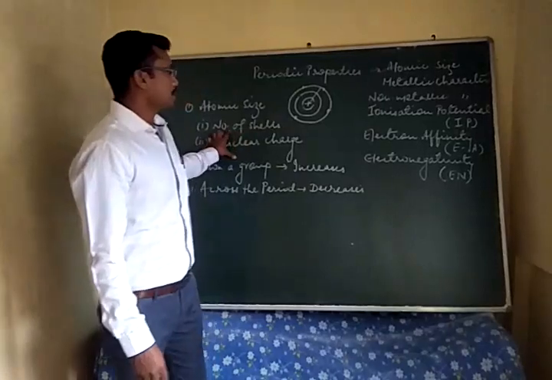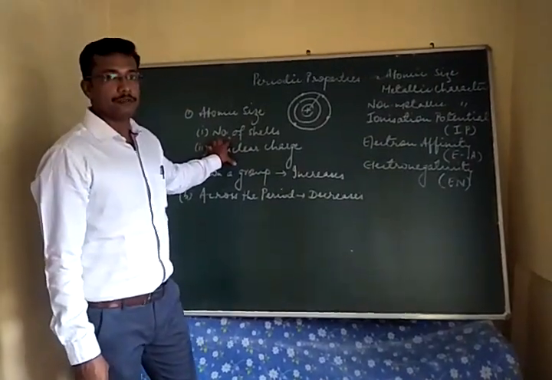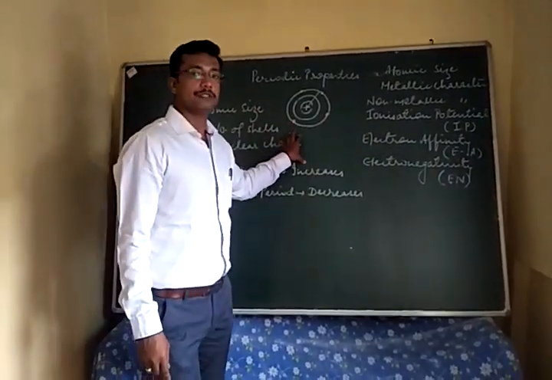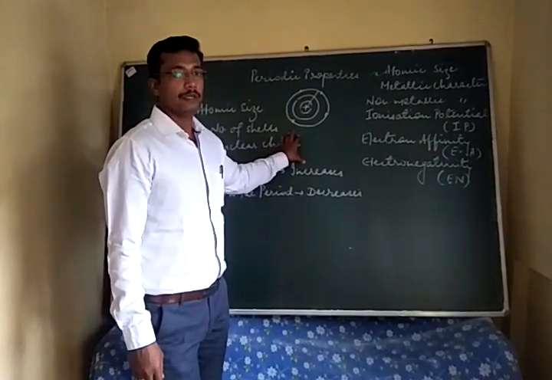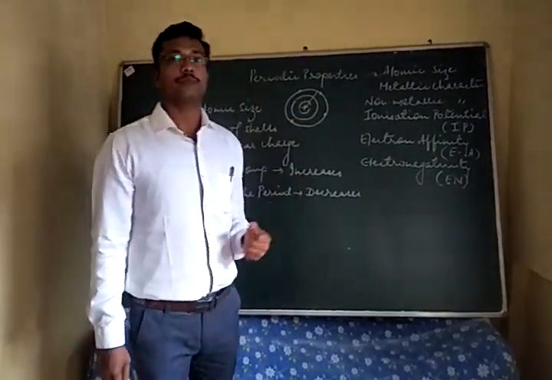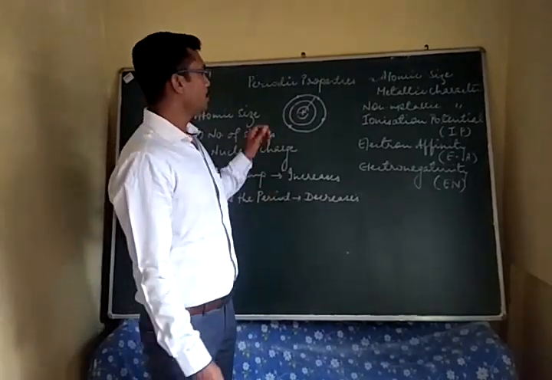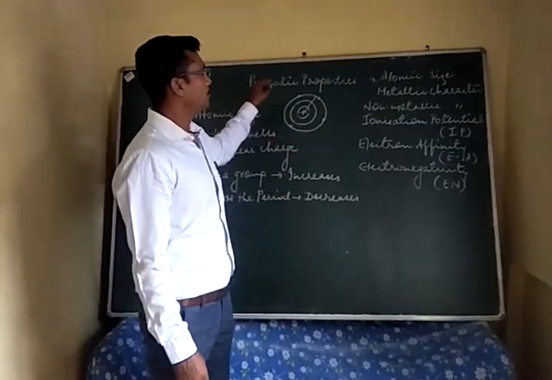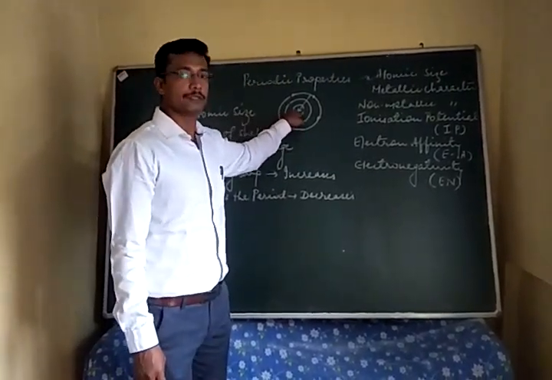So this positive charge is called nuclear charge, and when the nuclear charge increases, it will decrease the atomic size, because nuclear charge causes attraction of the electrons towards the nucleus.